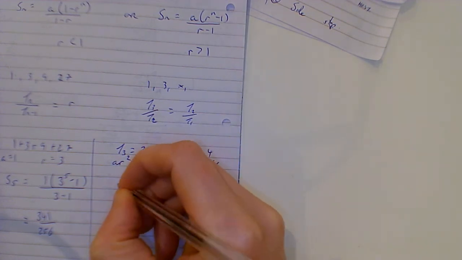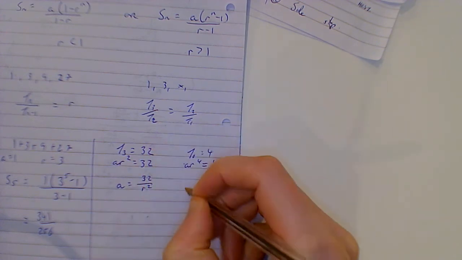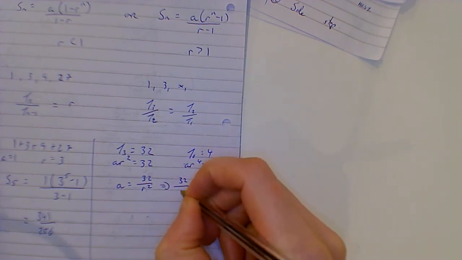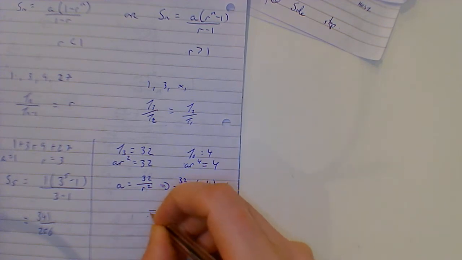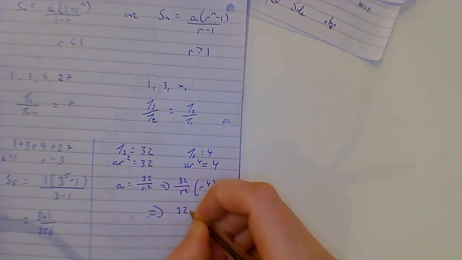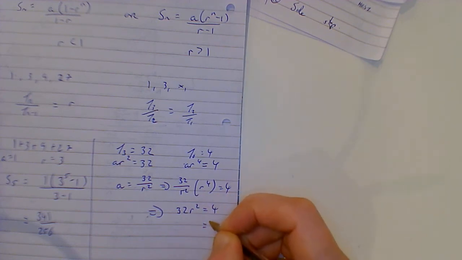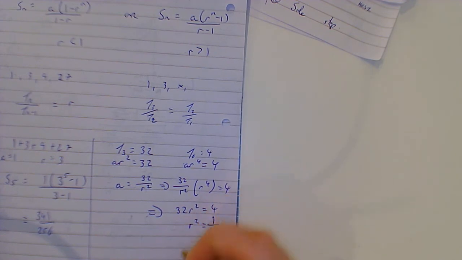I'm straight away thinking, well, a equals 32 over r squared. So now sub it in here: 32 over r squared, r to the power of 5 equals 4. Therefore, that's 32 r cubed equals 4. Divide across. 4 divided by 32 is 1/8. r cubed equals 1/8, r equals the cube root of 1/8.